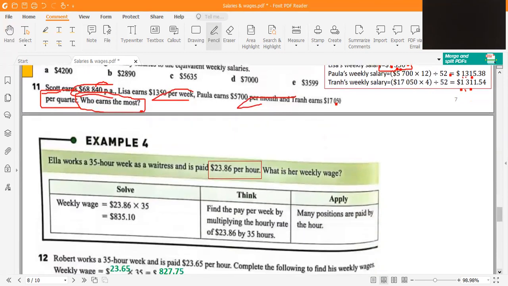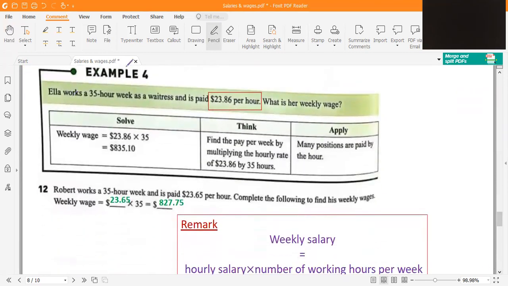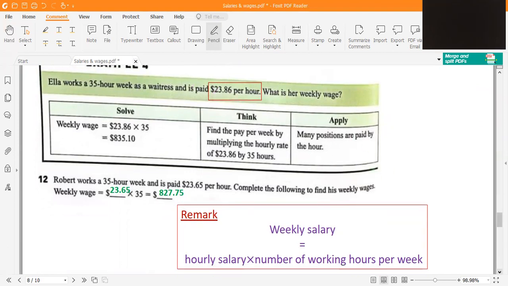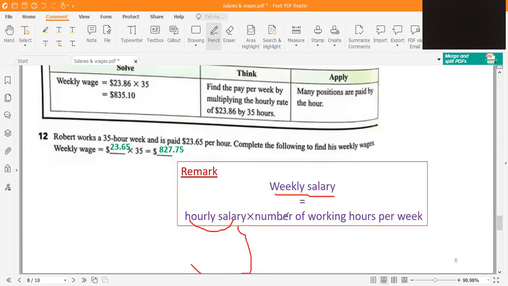Next, if we have hourly wages and we know the number of working hours per week, how do we calculate weekly wages from hourly wages? We simply multiply the hourly rate by the number of working hours per week.